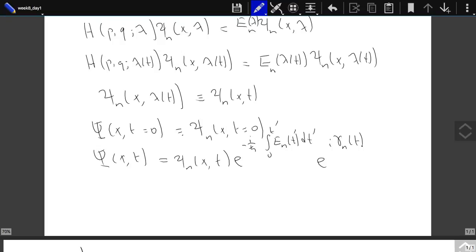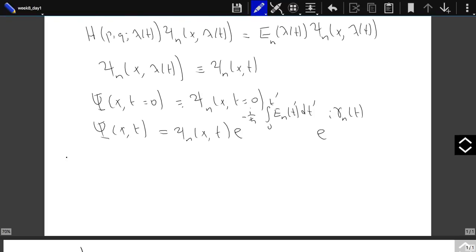Of course it is changing in time due to its periodic oscillation, which is the first exponential depending on the time t. Plus there will be this additional phase, which in the classical case amounts to the angle that it makes with the initial orientation. Now the question is, what is this gamma n of t?